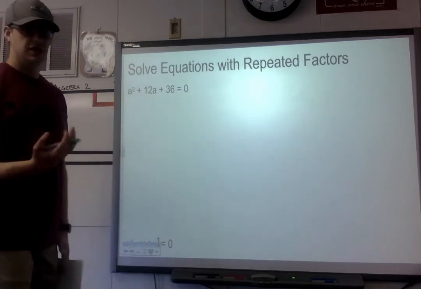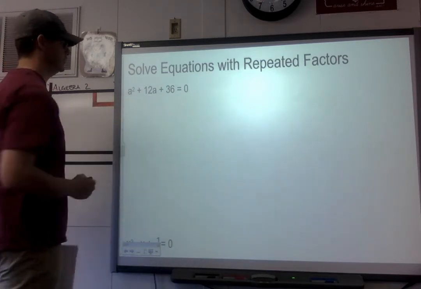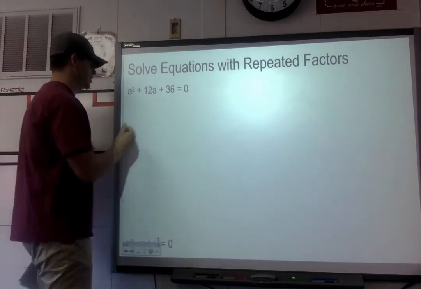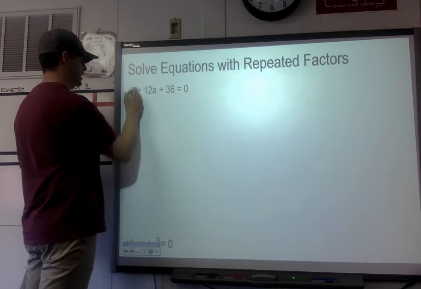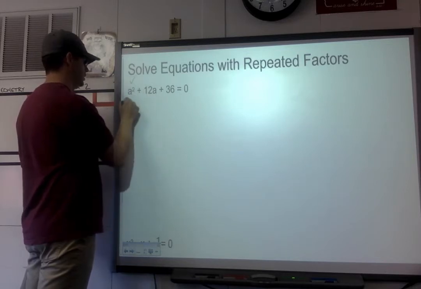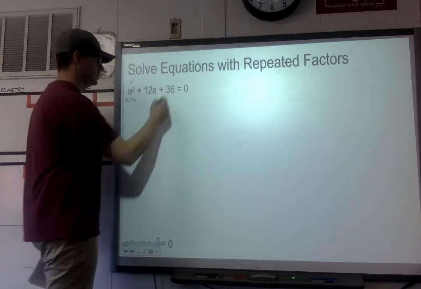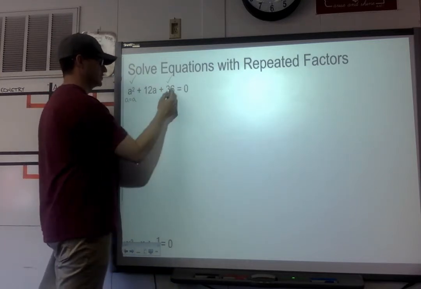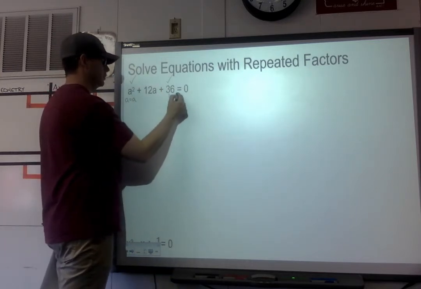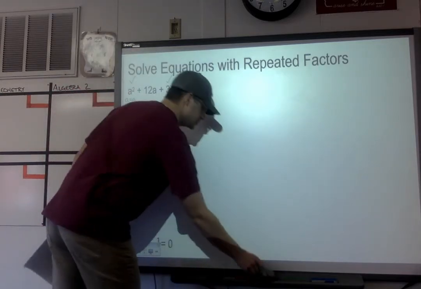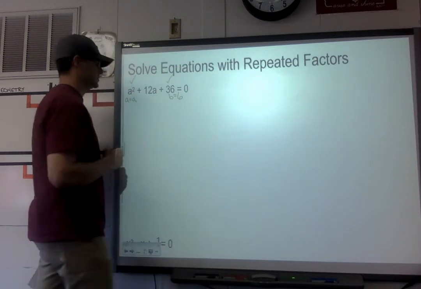factor this. 3 terms, there's no common factor, so my next thing I always want to look for is perfect square trinomial. A squared is a perfect square, so our a value would be the square root of that, which is a. Last term is a perfect square. B would be not 36, it would be the square root of 36, which is 6.